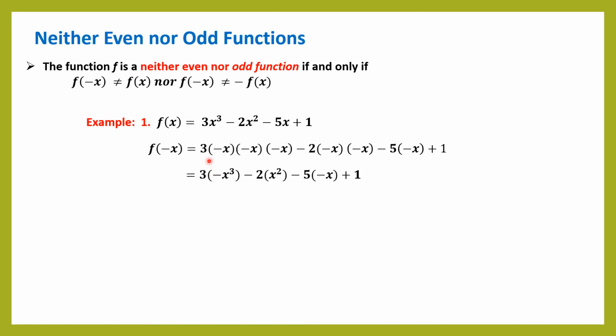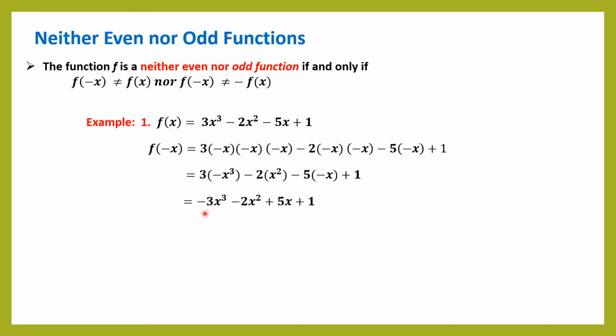So, we'll have here, copy yung 3. Then, ito na yung sinasabi ko kanina. So, ito ay odd ang ating exponent. Therefore, this is negative x. Then, minus 2. Then, ang ating exponent ay 2. Therefore, ito ay positive x. So, minus 5 times negative x plus 1. Then, multiply natin itong dalawa.